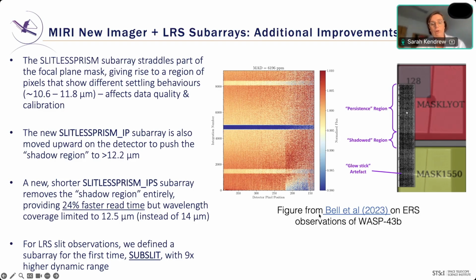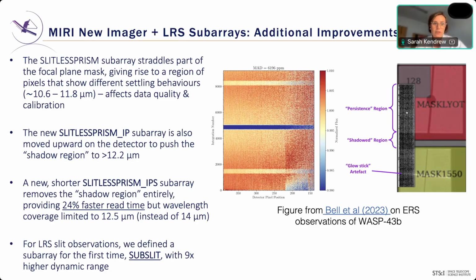In addition, we've created a new slitless prism IP short subarray, IPS, which cuts off the shadow region completely and reads out faster, so it gives a little bit of extra dynamic range, but it only goes to about 12.5 microns. So we do lose a little bit of wavelength coverage, but this is in an area where our throughput is quite poor anyway. And so it gives you that extra brightness because of the shorter read time.